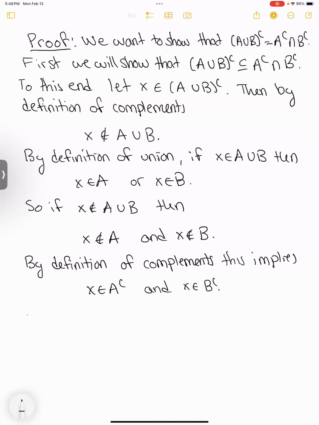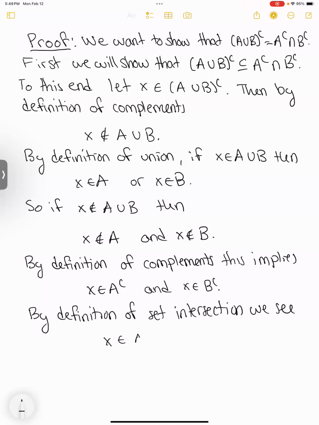And we're almost done with this case now. So by definition of set intersection, we see that X is in A complement intersect B complement. And so we're done with this case, right?